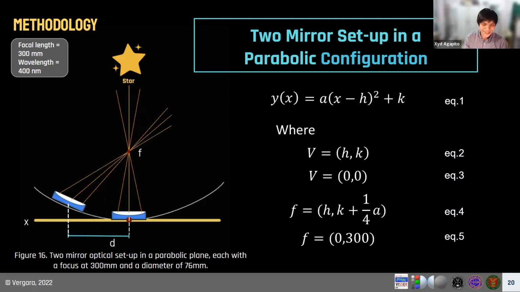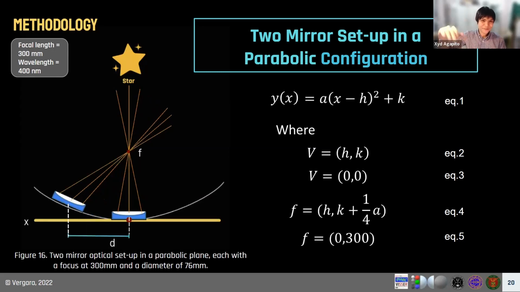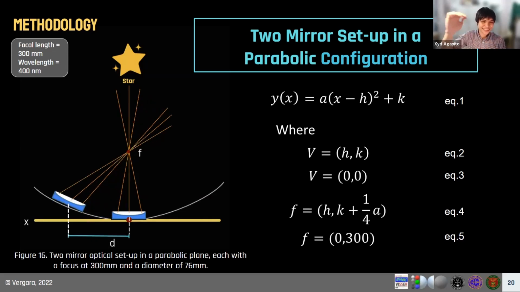I have one more comment. I think this will be an interesting addition if you plan to expand your work. If you have more than two mirrors, you can arrange them along a single parabola and study its effects.